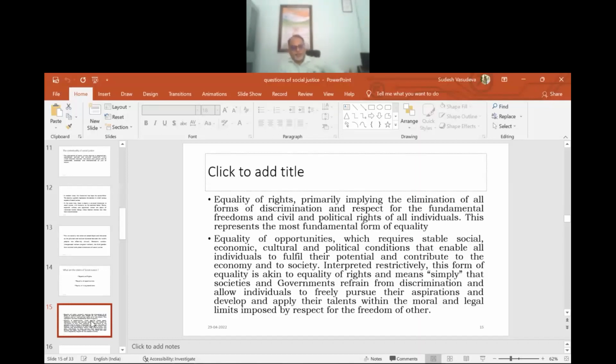Equality of opportunities. Equality of opportunities requires stable social, economic, cultural, and political conditions.